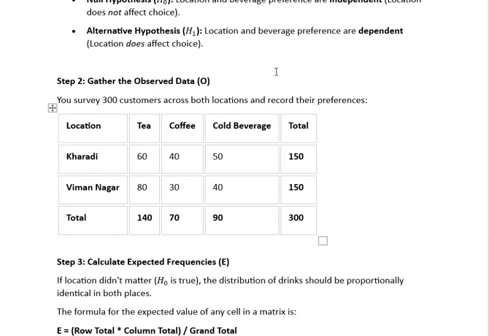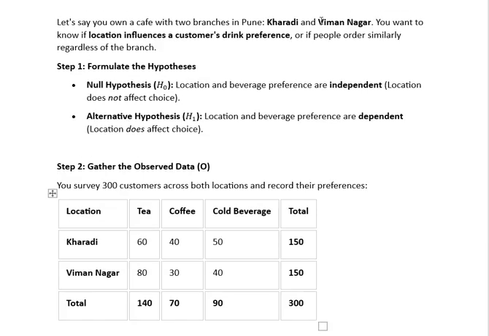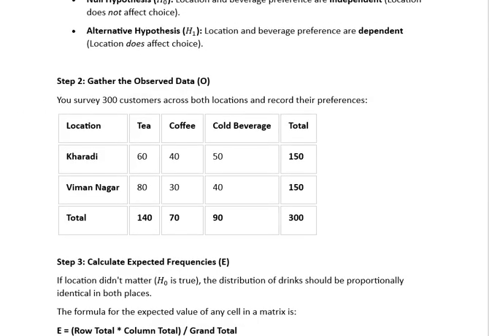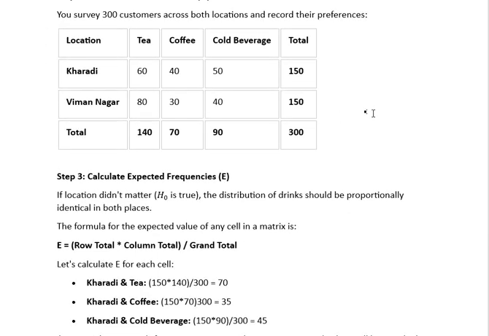Step 2. Gather the observed data. You survey 300 customers across both locations and record their preferences. The locations are Kharadi and Vimannagar, and the beverages are tea, coffee, and cold beverage, and this is the total value.